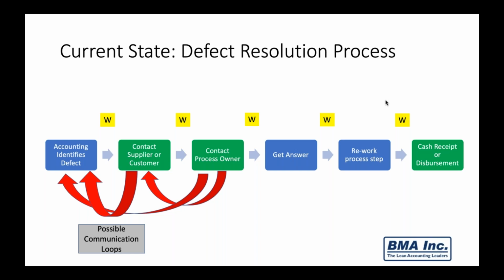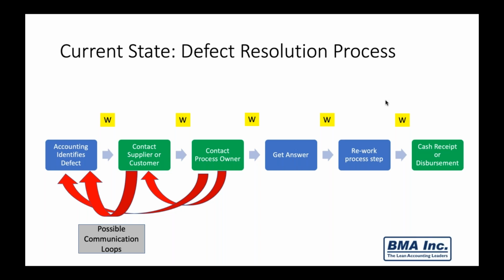And typically this is done incident by incident, meaning this process gets triggered every time there's a defect. One of the issues here is that this creates normalization of this resolution process, in that people think this is very important work that has to be done.